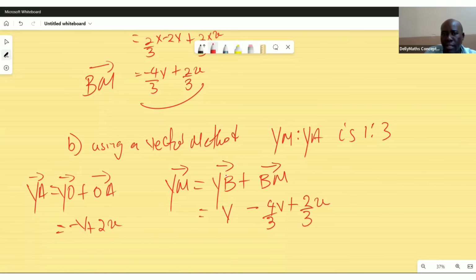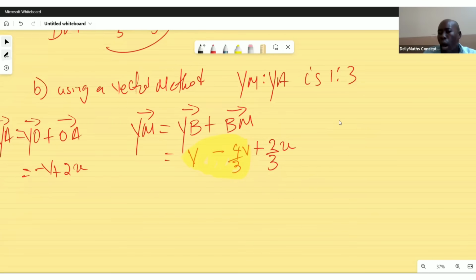Now, when you put this together, these are the like terms right there. So then, what we want to do is to work this out. Now, let's think about what -4/3 means. It means -1 and 1/3.